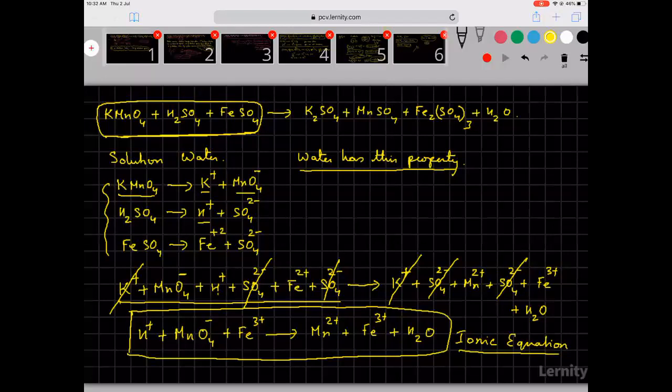Those ions are called the spectator ions. These spectator ions do not undergo any change. Instead, they just observe the reaction taking place. So this is what is referred to as an ionic equation.